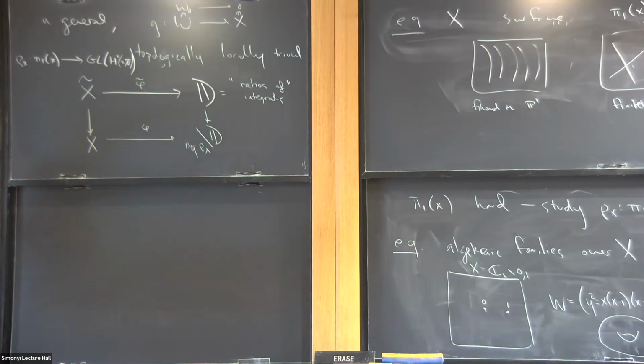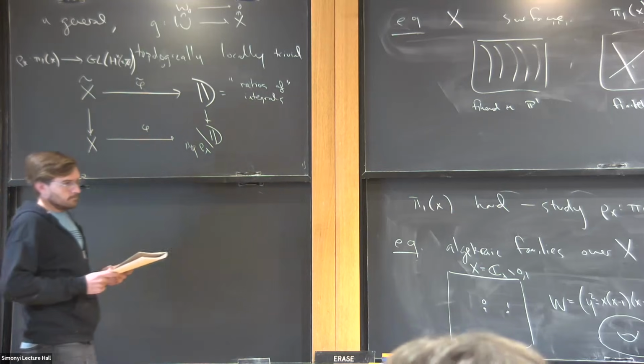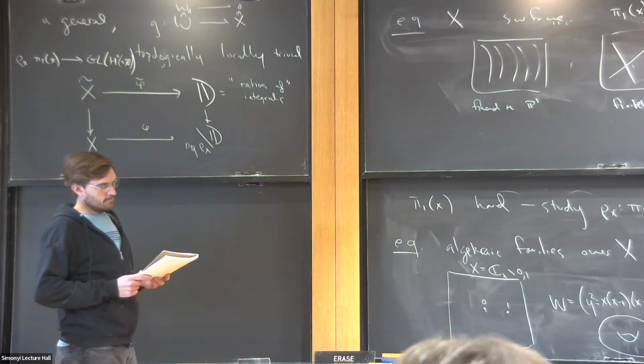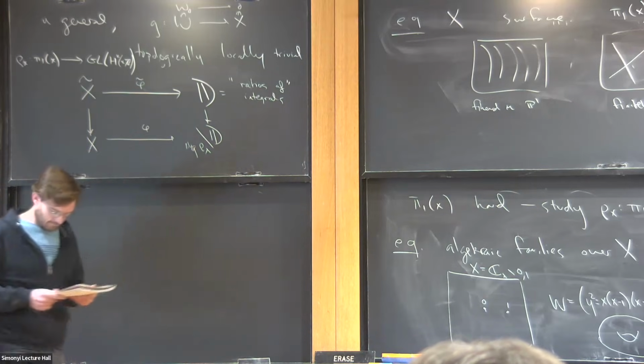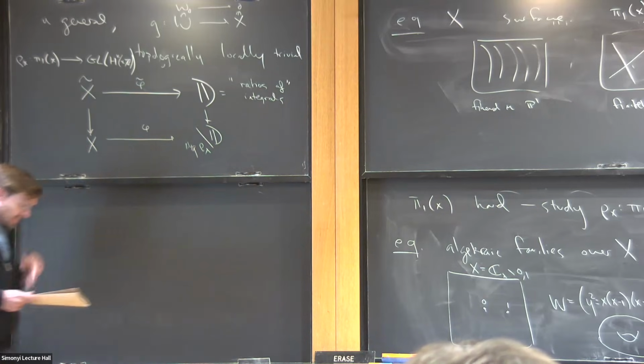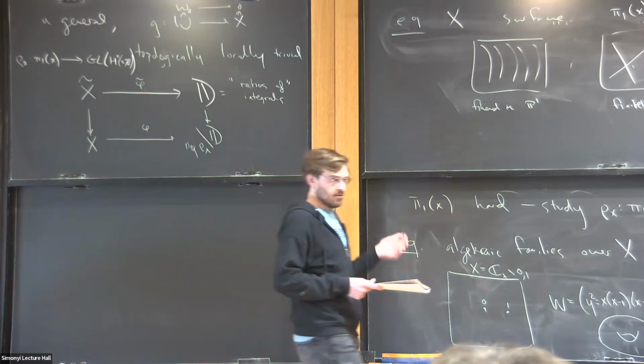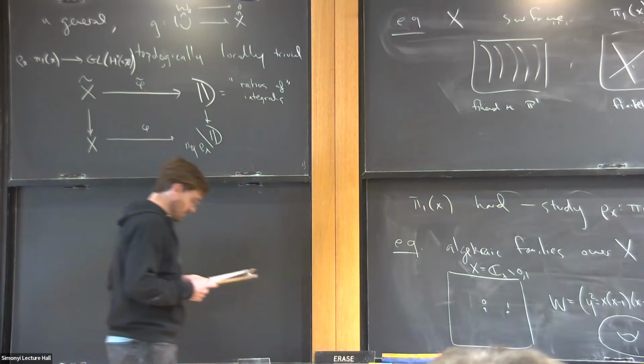You have a compactification where infinity is of codimension bigger than one. Then you can find some curve. Yeah, so A_g admits a compactification with high codimension boundaries so that you can find curves.